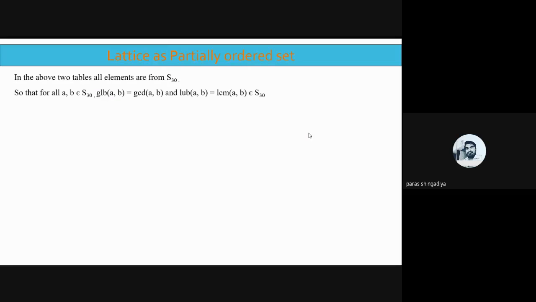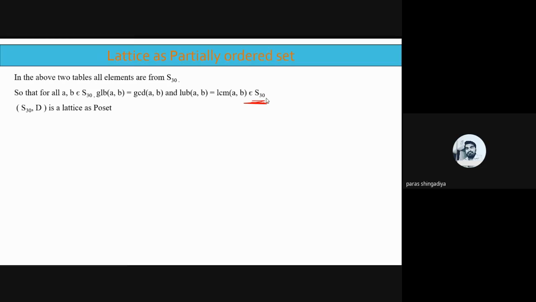And so for all A, B belonging to S30, GLB of A, B that is equal to GCD of A, B and LUB of A, B that is equal to LCM of A, B belong to S30, and therefore we can say that S30 comma D is a lattice as a poset. Okay, S30 comma D is a lattice as a poset. Clear? Here it is a divides relation. So for this divides relation, we use the GCD and LCM concept to check the GLB and LUB.